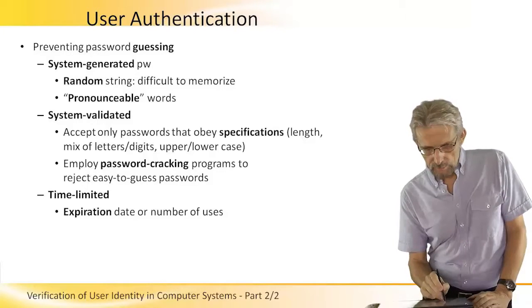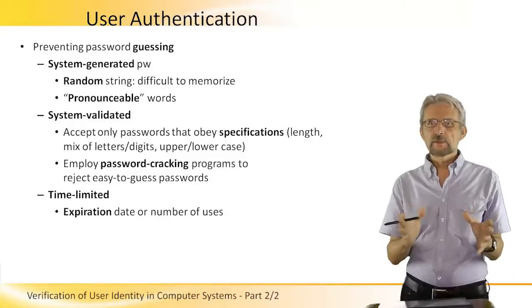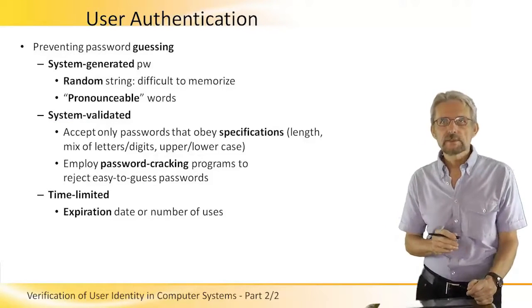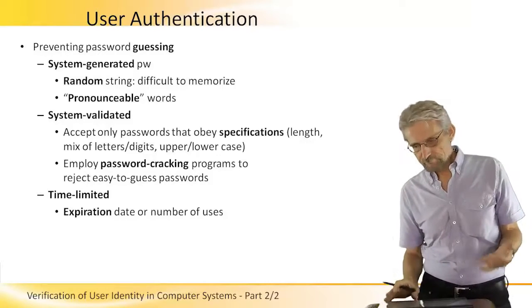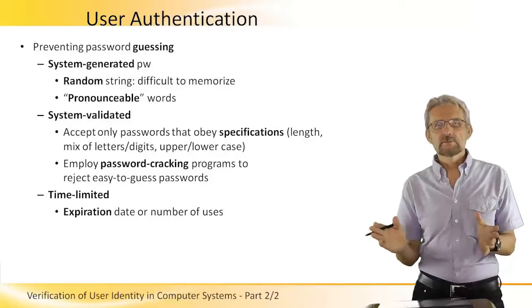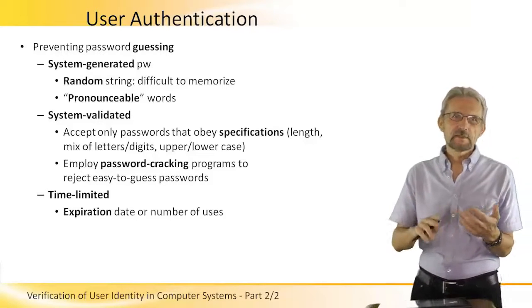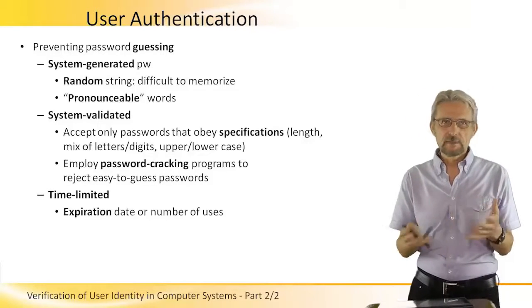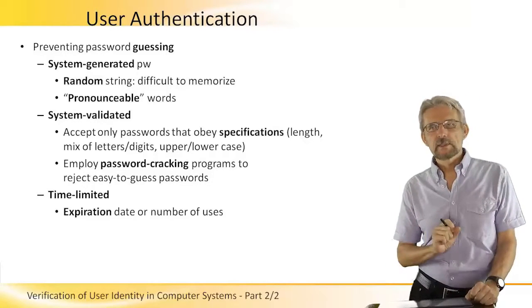Another one would be to validate the passwords, and they have to fit a certain profile, which is what most systems do these days. So they tell you how many characters you must have, minimum, maximum. They tell you there must be a letter, there must be a number, and so on, to make a combination which is much less likely to be guessed.